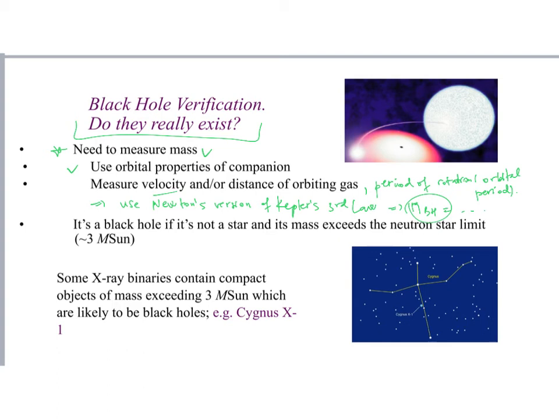So do that. Remind yourself what the Newton's version of Kepler's third law is, and see if you can figure a way to calculate the black hole masses. This is basically how we do it. And we do have good estimates for those masses.